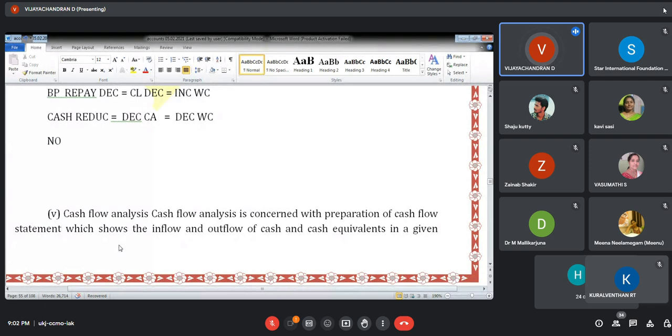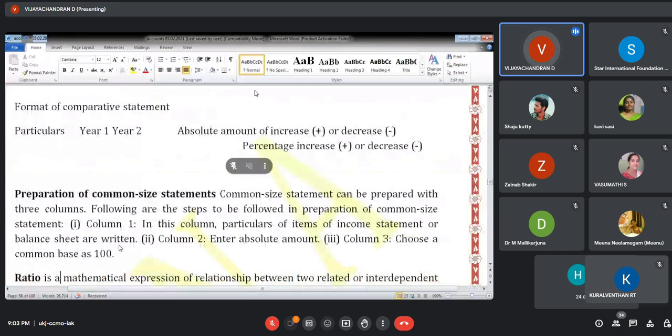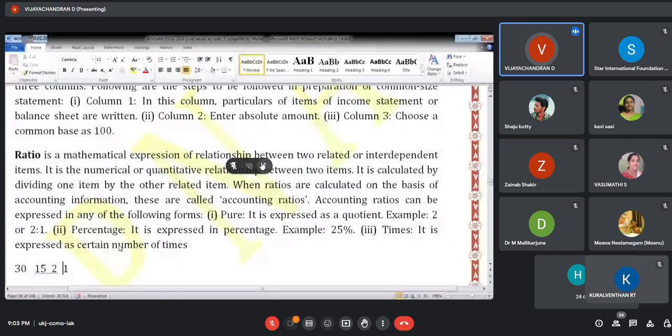Investment means your investment in fixed assets. And the third one is financing activities. Finance means your raising of shares, floating of debentures. Okay. So cash flow analysis, I told. Ratio is very, very important.